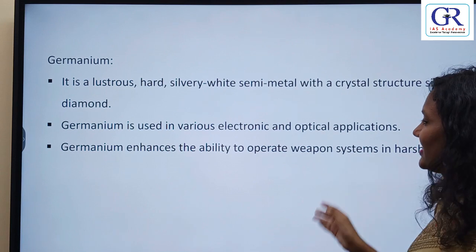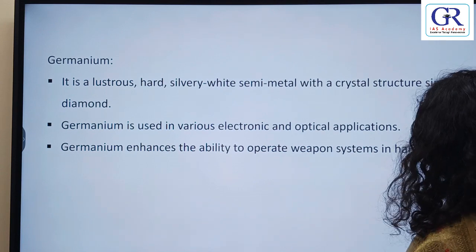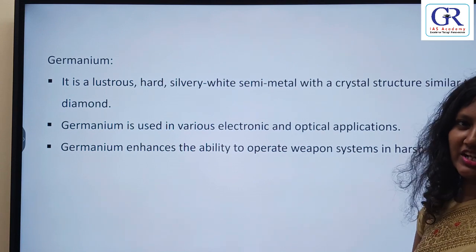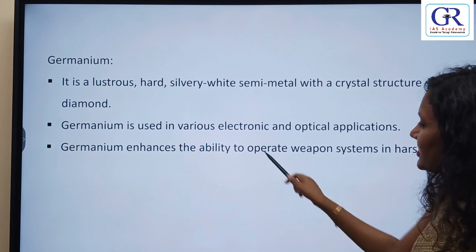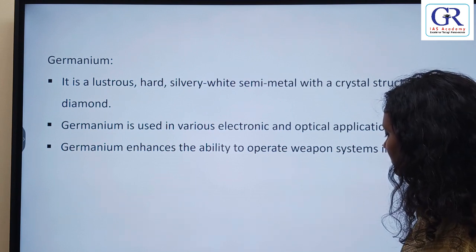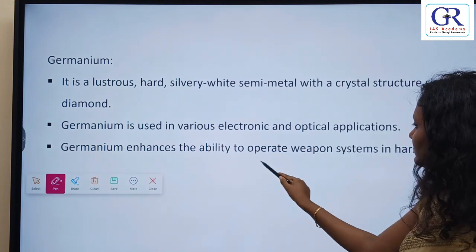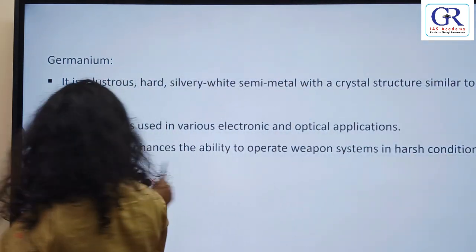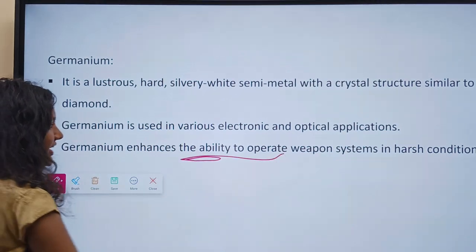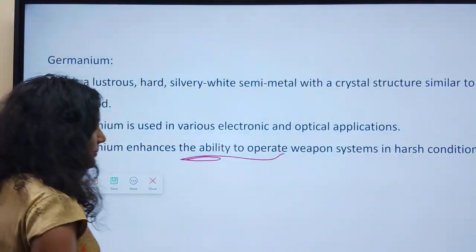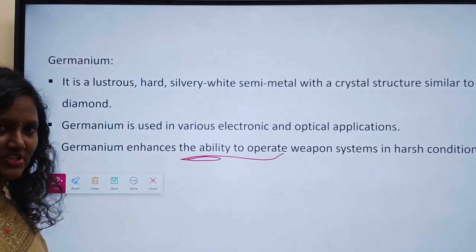Germanium enhances the ability to operate weapon systems in harsh conditions. Okay, so this is very important. You can see, this is important. It enhances the ability to operate weapon systems in harsh conditions.